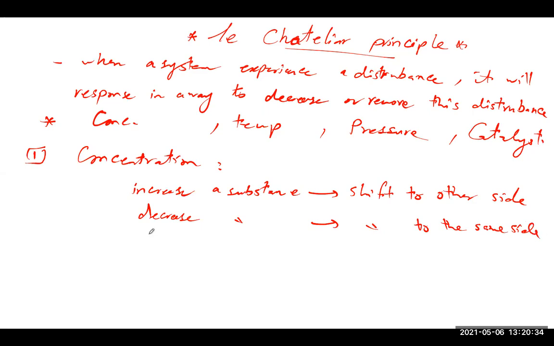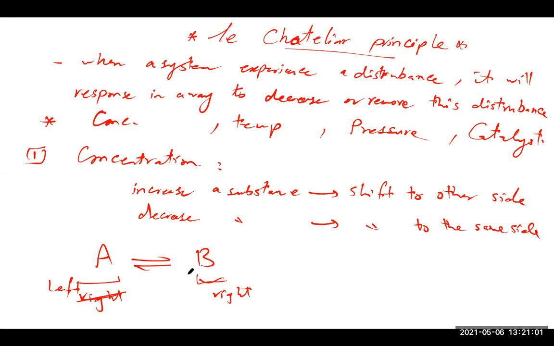What is the meaning of shift? If you have the reaction A gives B, we have two sides: this is the left side and this is the right side. If we change the concentration of A or B, the reaction will shift to the right or the left.